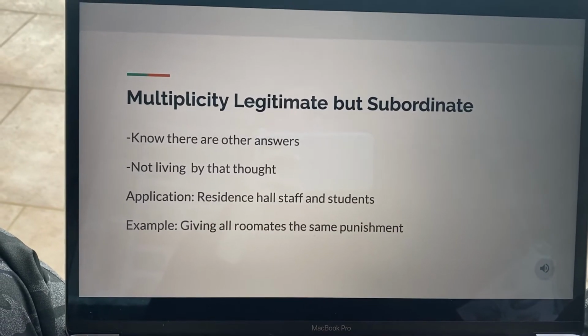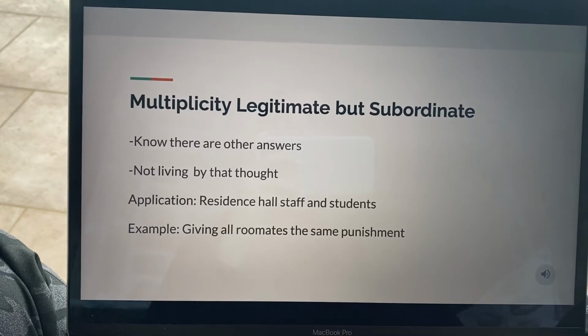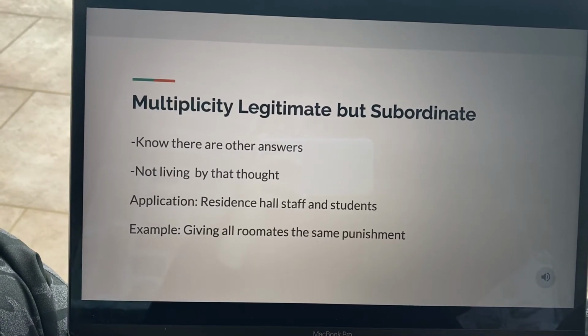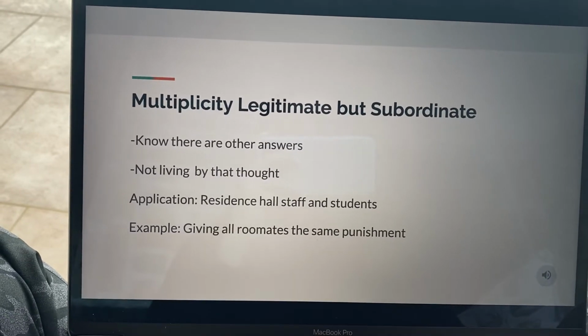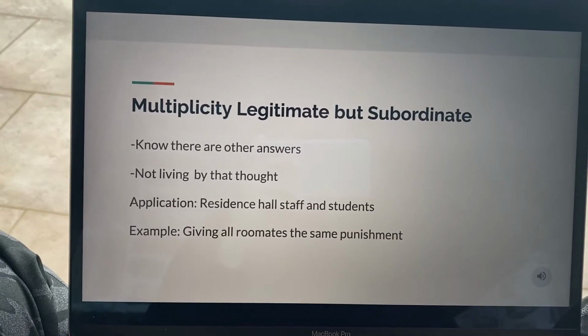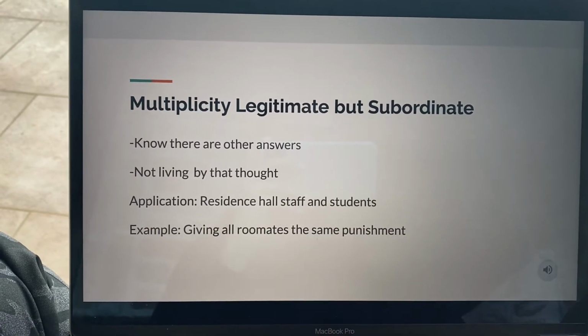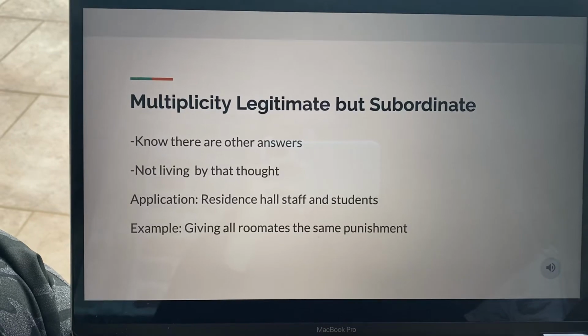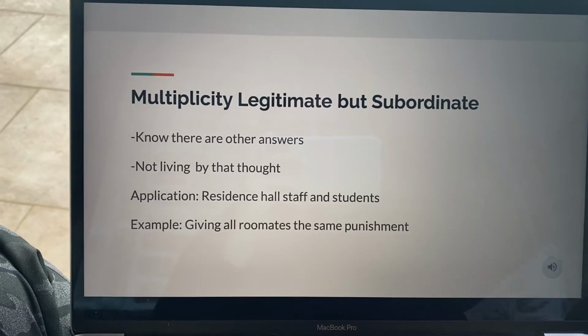The next position is multiplicity legitimate but subordinate, which involves knowing there are other answers and not living by that thought. I'm going to use the same application with residence hall staff and students, in the same example about one student making a mistake and the others being blamed for it.